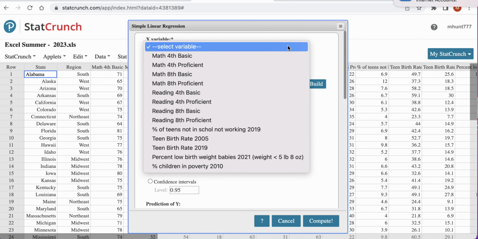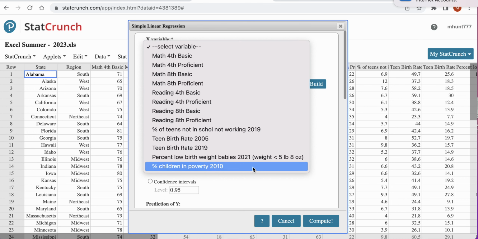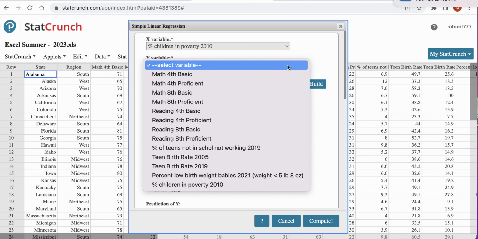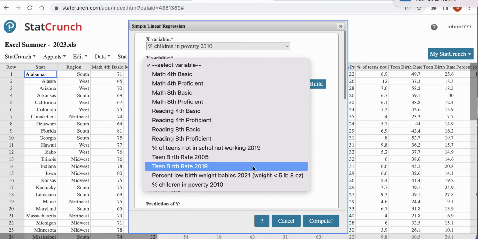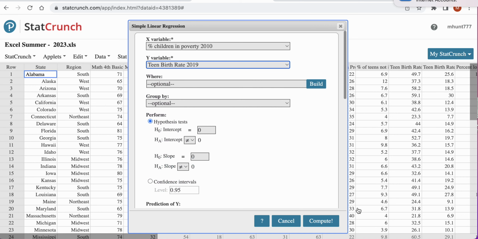For the X variable, I'm going to select the percent of children in poverty in 2010. And for the Y variable, I'm going to pick the teen birth rate in 2019.